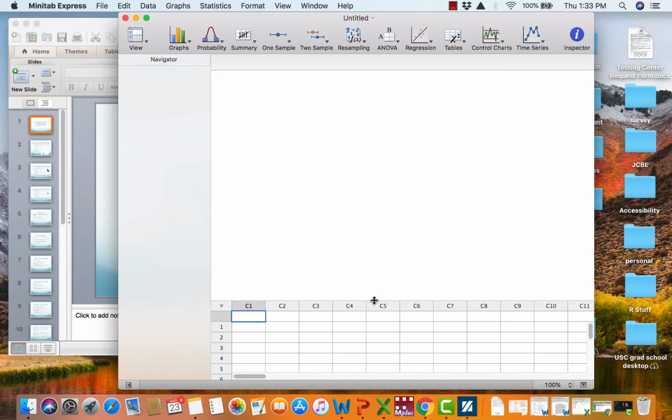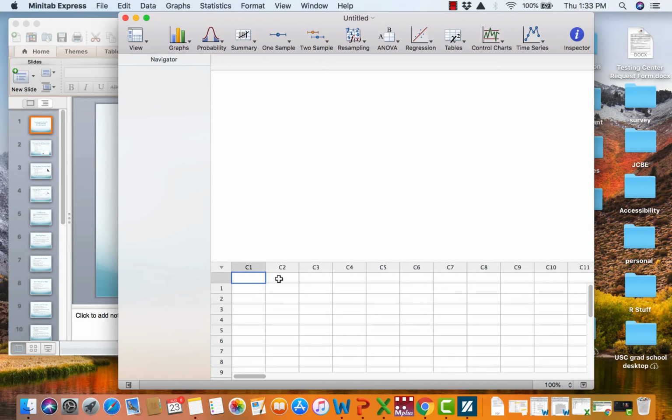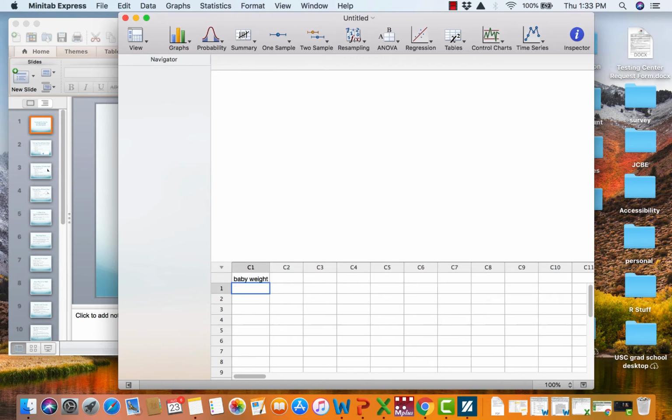All right, and what you'll notice here with the software, just briefly, is that down here we get what looks like spreadsheet software, looks like Excel, and we're going to have eventually maybe a column heading. We could call this baby weight, and under that I'll typically be giving you values.